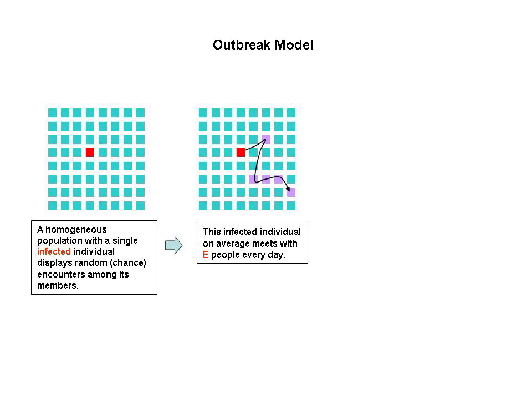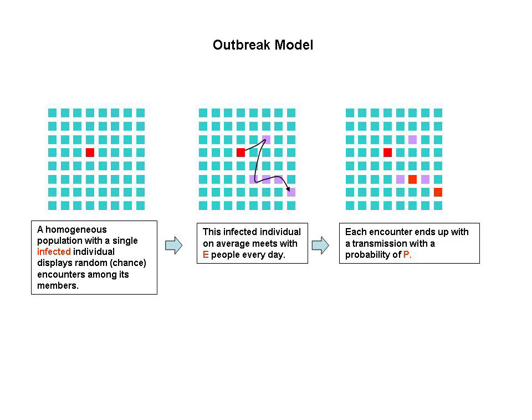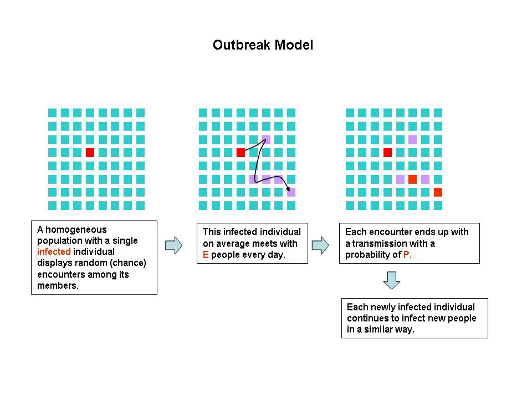However, not all these encounters end up with a disease transmission. So there is a probability P that each of these encounters results in a disease transmission. As you can see, if there is no encounter, there is no disease transmission. The first thing that should happen is an encounter, but not every encounter ends up with transmission of the disease.